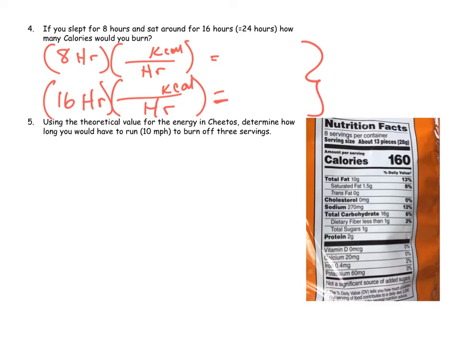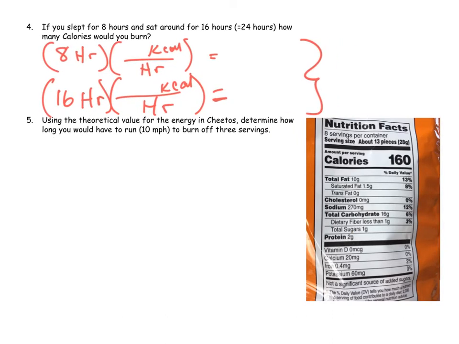Now, using the theoretical value for the energy in Cheetos, we have to do 3 servings. The label tells us how many calories are in 1 serving, so we'll have to multiply that times 3. 160 kilocalories or food calories.